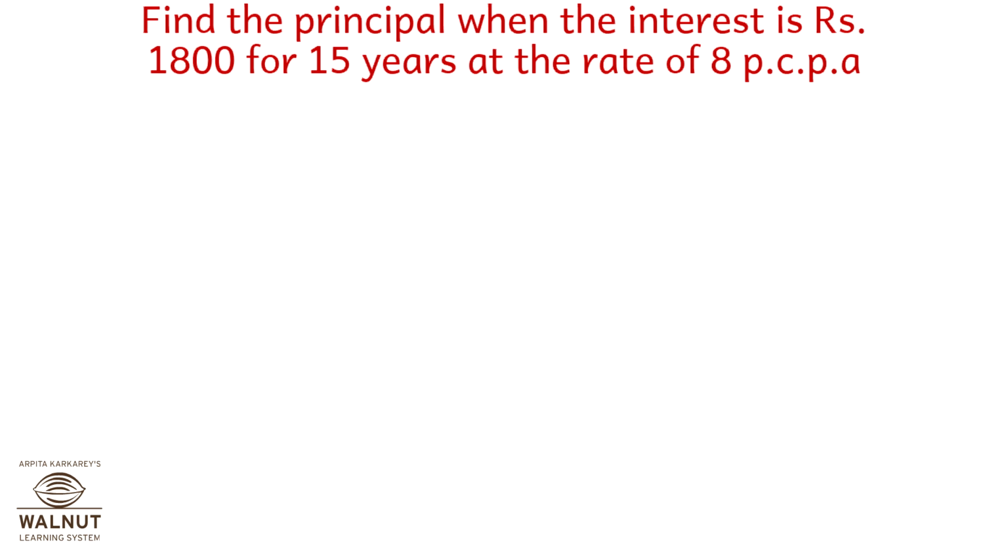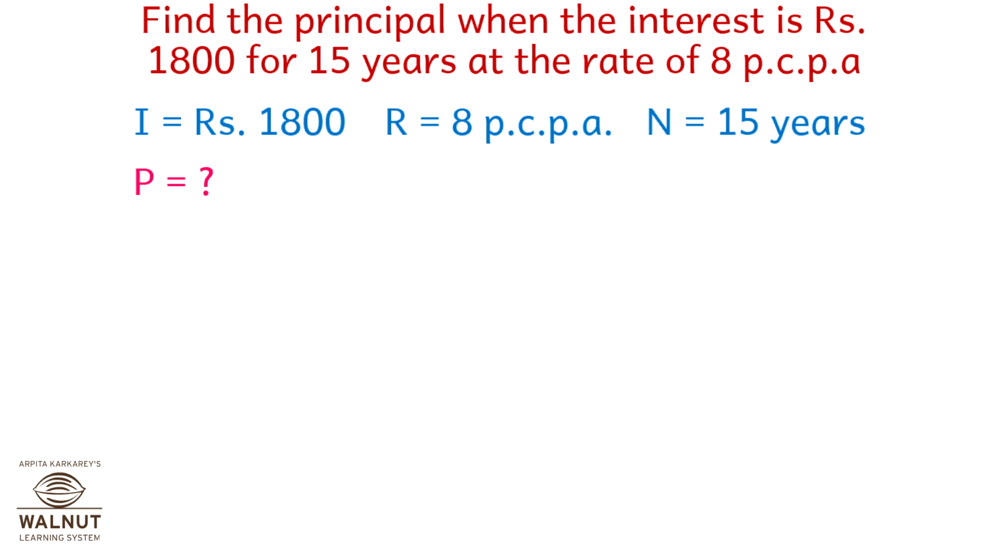Find the principal when the interest is rupees 1800 for 15 years at the rate of 8 p.c.p.a. We have the interest as rupees 1800, R as 8 p.c.p.a, N is 15 years.